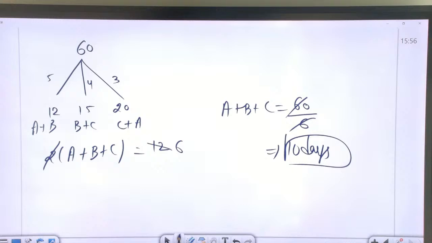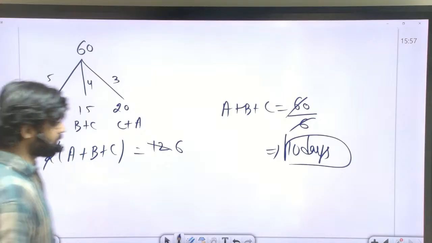Done? What is the answer? Okay, A, B, C together take 3 hours.